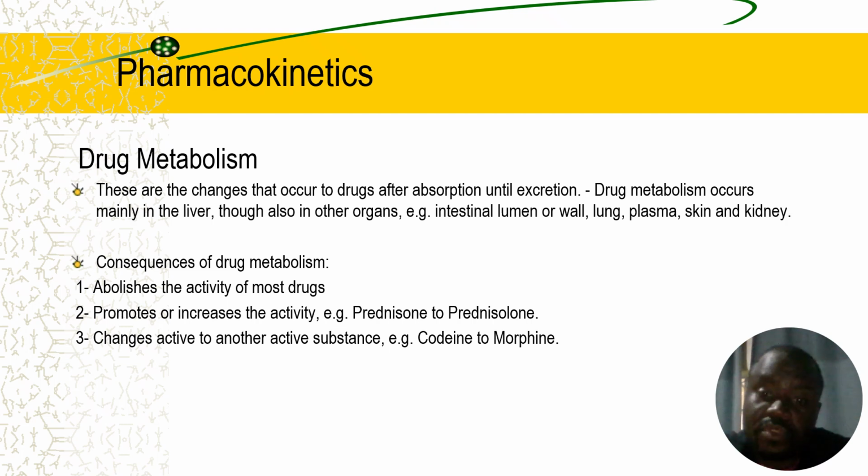And because these are biological systems, sometimes drug metabolism is referred to as biotransformation. As a result of these changes to the drug's chemical structure, this can lead to abolishment of the activity of a drug.